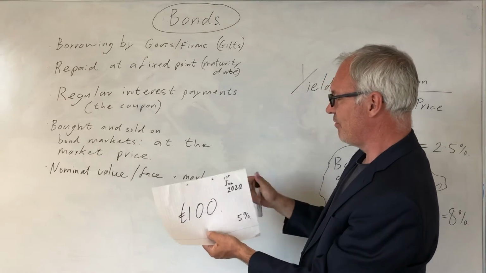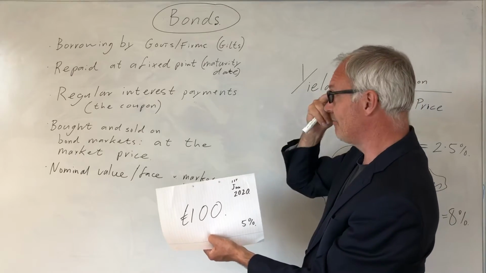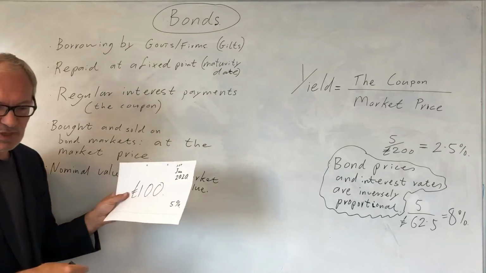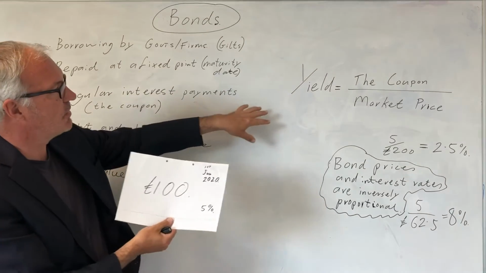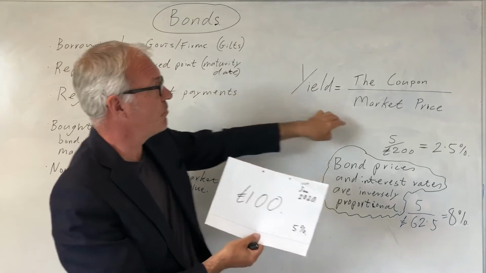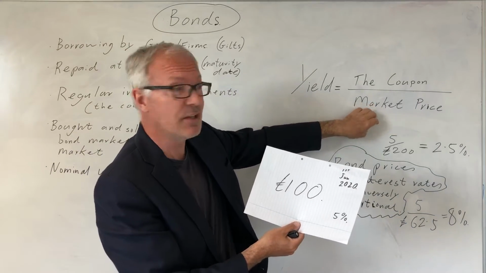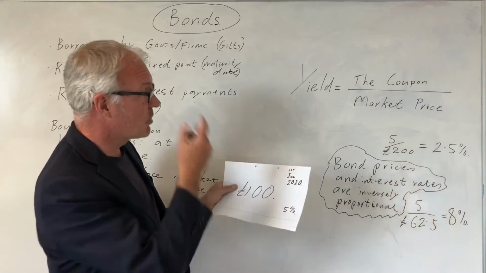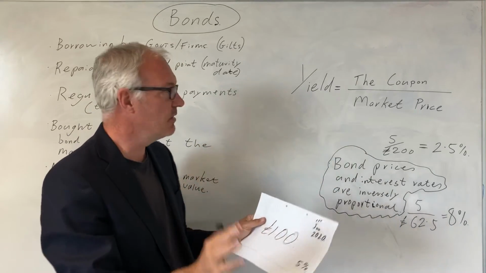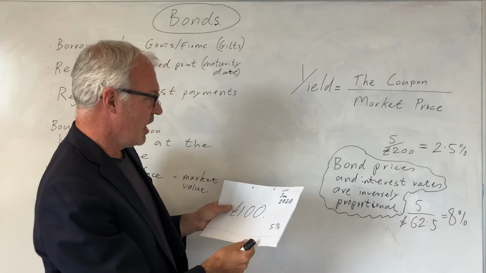Okay, and therefore that determines its market value. So the key thing is, how do you calculate the yield on the bond? Or if you know the yield, how would you calculate the market value? And simply, to look at it simply, we'll just use a simple formula here. It can get more complicated, but we'll leave that out.